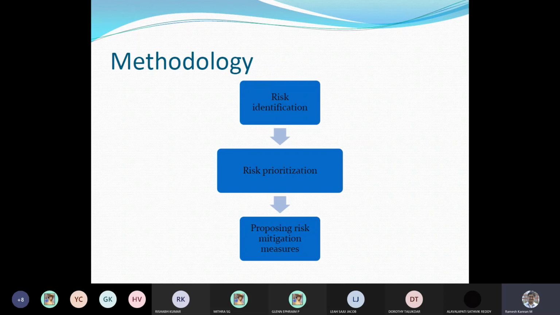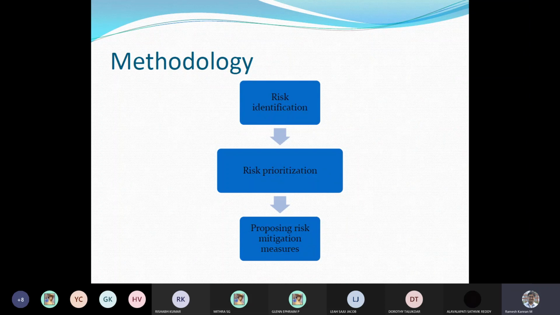So identify those kinds of risks and prioritize them. As I told you, what causes severe damage to the project and what causes moderate damage, or less severe, where it could lead to a detrimental factor or can be dormant itself. That kind of classification you can do in risk prioritization.